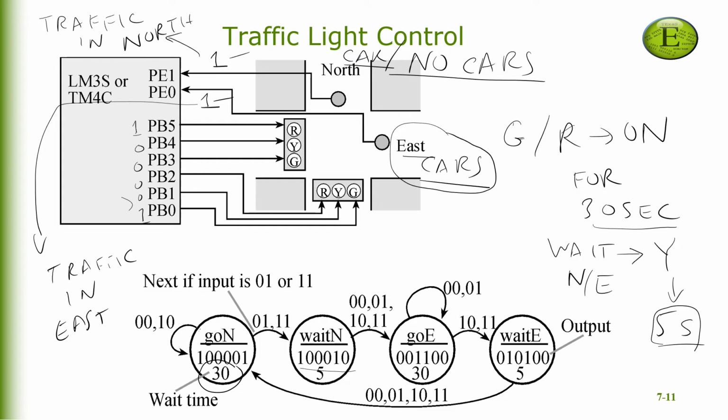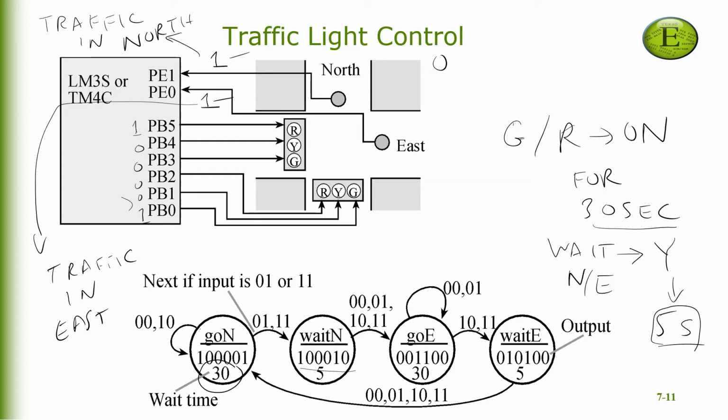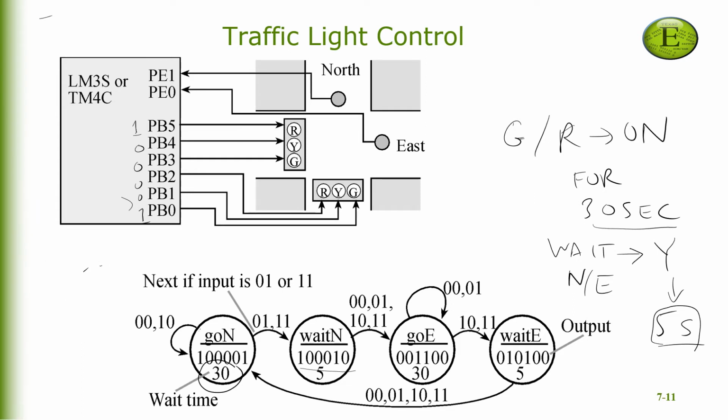If, however, there is a situation that there is no car on the east, and the green signal is on for the north, then we stay in the same state. As long as there is no car in the east, we remain in the state.